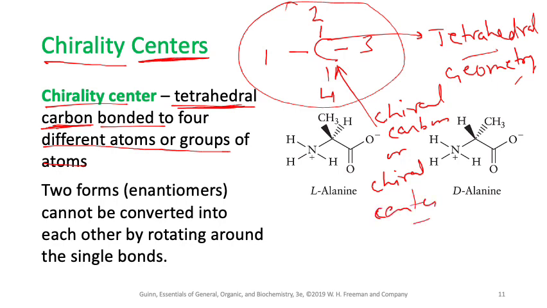Let's take an example over here. We have 2 examples, this is 1, this is 2, and if you see this carbon, this is a line angle formula. This carbon is attached to one group, CH3, another one is hydrogen, the third one is ammonium NH3+, and the fourth group is C double bond O, O negative. So this carbon is attached to 4 different groups, which means it is a chiral carbon.